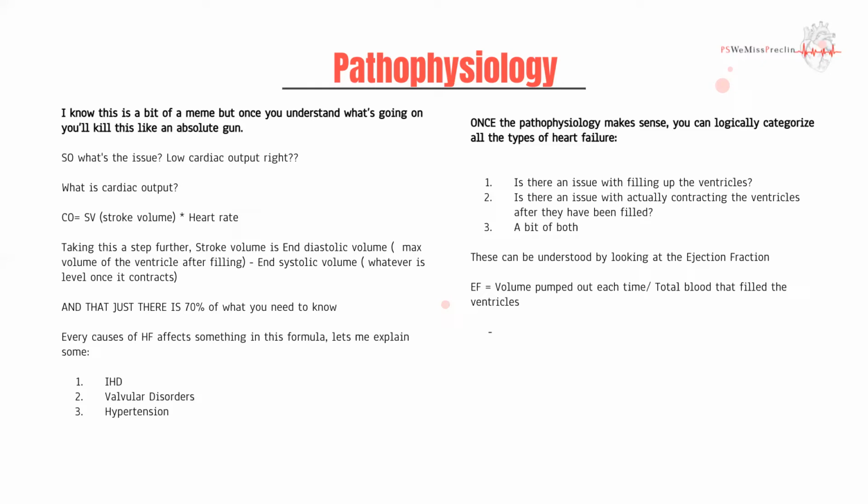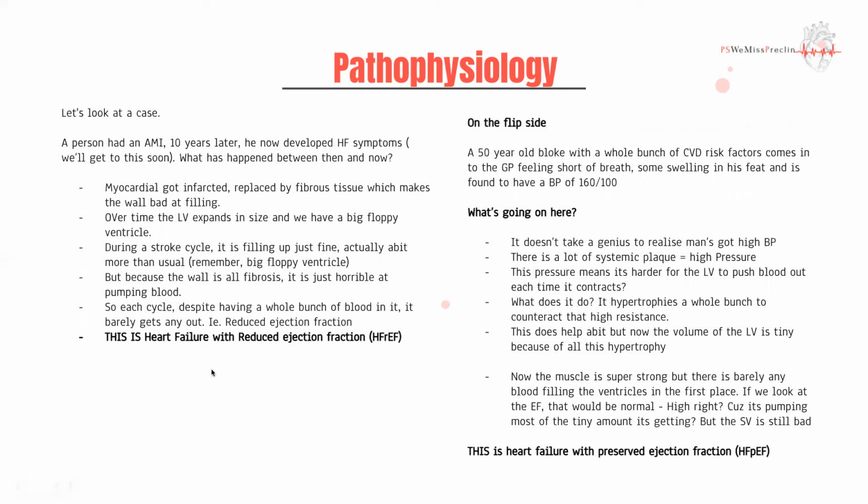So ejection fraction basically refers to the volume of blood that's pumped out with each contraction divided by the total blood that's filled in the ventricles right before it contracts. So we had a case here that we talked about with the heart having good diastolic capacity.